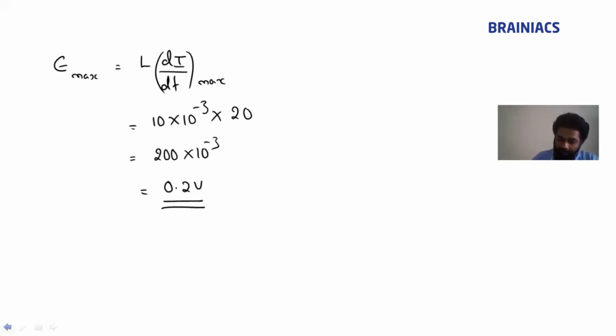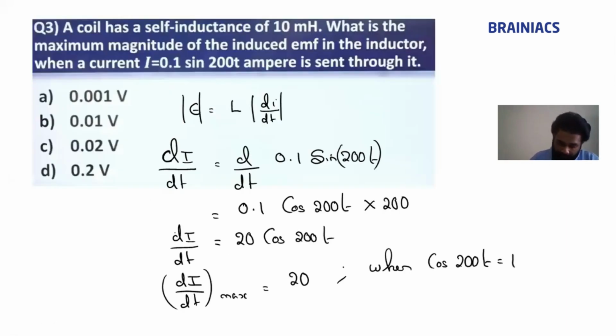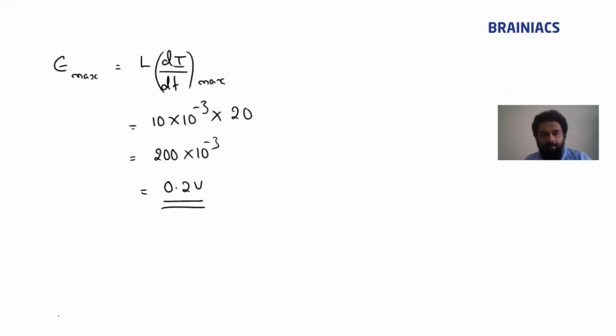Looking at the options, 0.2 volts is there, option D. Okay, clear or what? E is equal to L di by dt. L is constant, and we need to find maximum EMF, so we took di by dt, found its maximum value, substituted in the E max formula, and got the answer. Is it clear? Moving to the next problem.